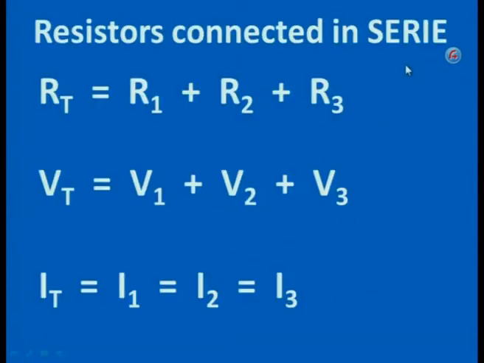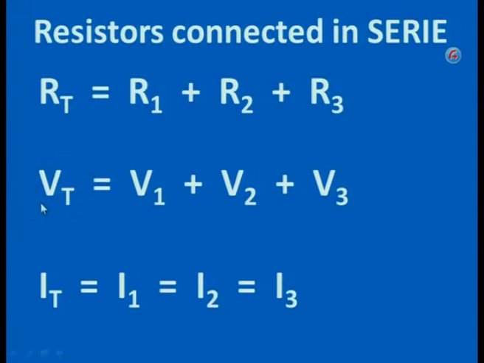So, if we look at resistors connected in series, the total resistance of the circuit would be the resistance of resistor 1 plus resistor 2 plus resistor 3.